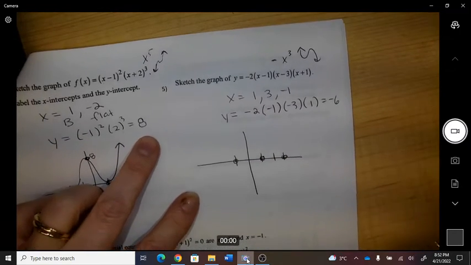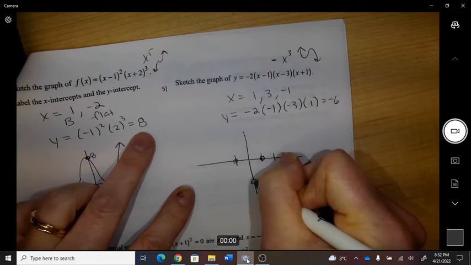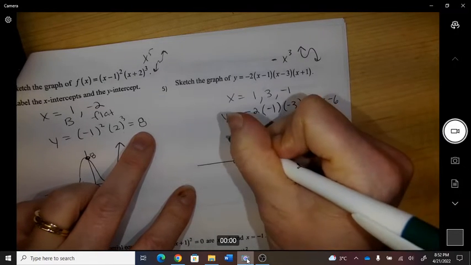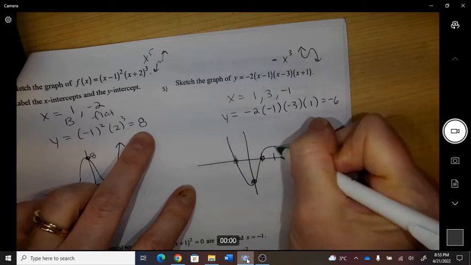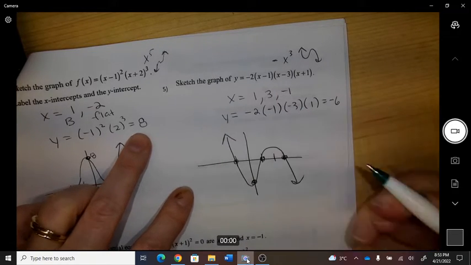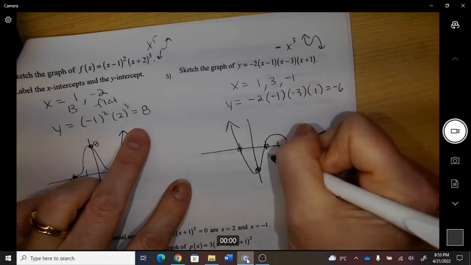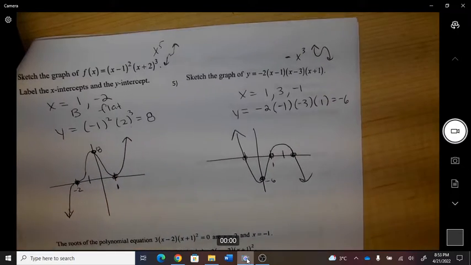Those are my x-intercepts. They're all cross-throughs, and my y is down there, so here's my general shape. So 1 and a -6 on that.